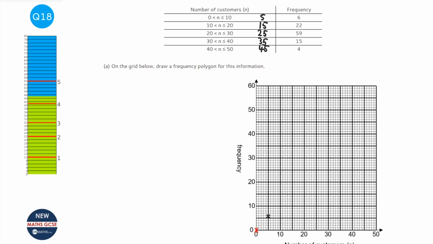Next one's 15, 22. So 22 would be about there. 25, 59. So 59 would be right up here. 35, 15. A little bit lower than that, but that's fine. 45, 4.